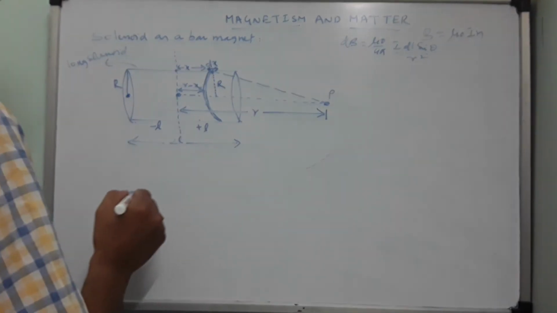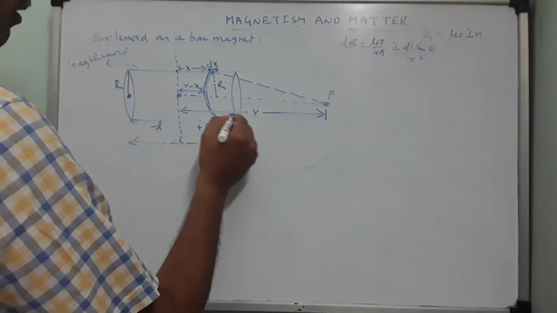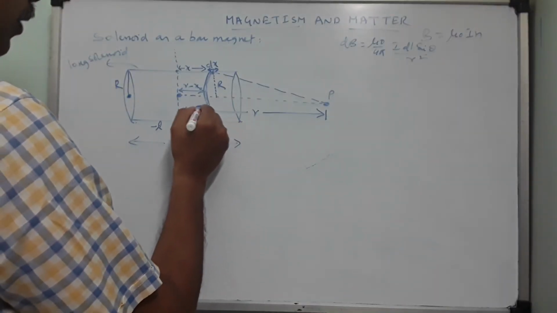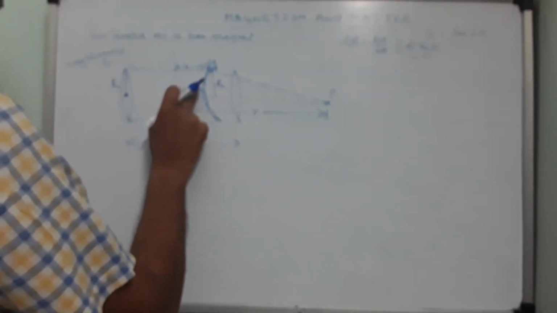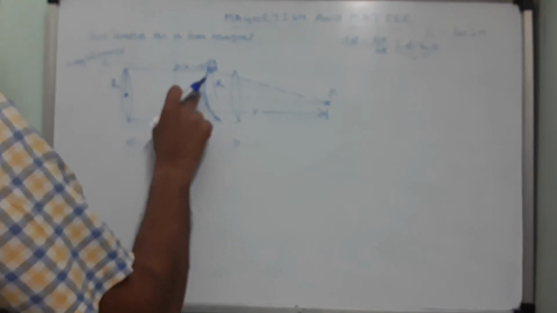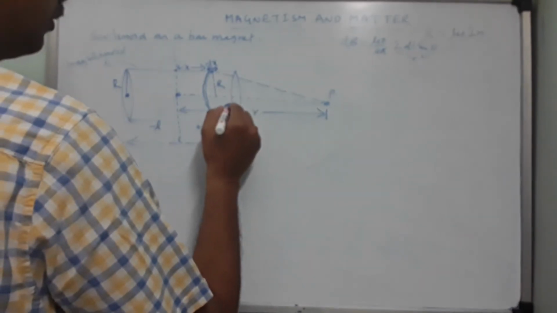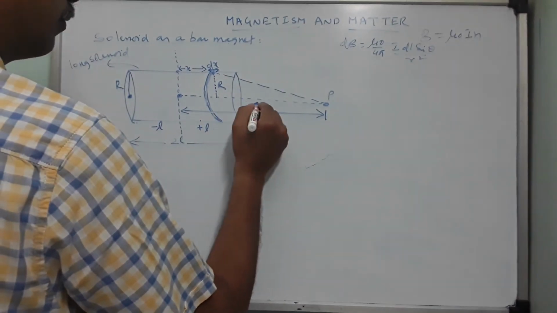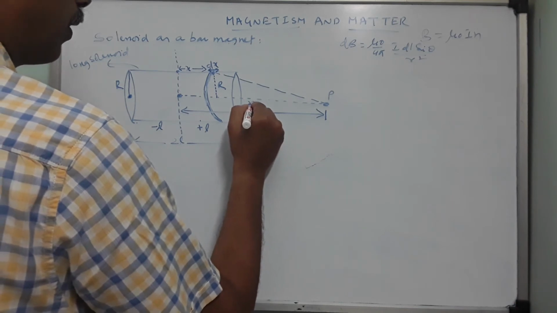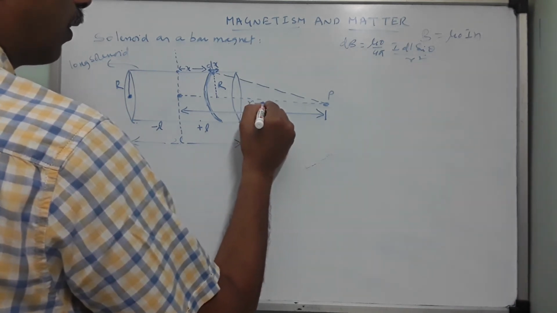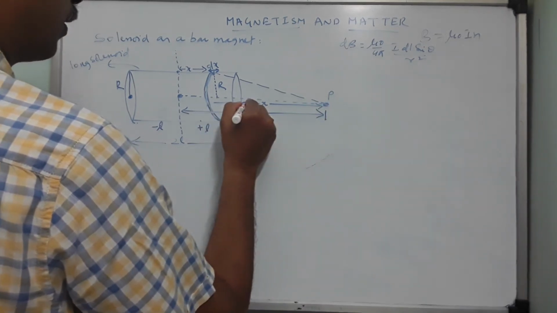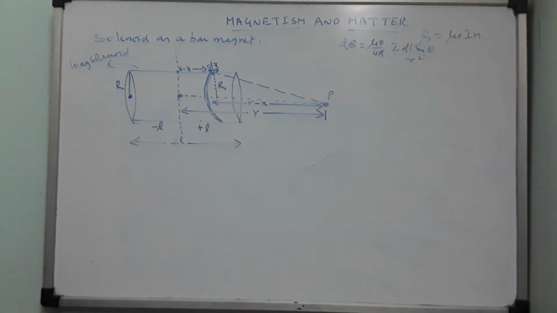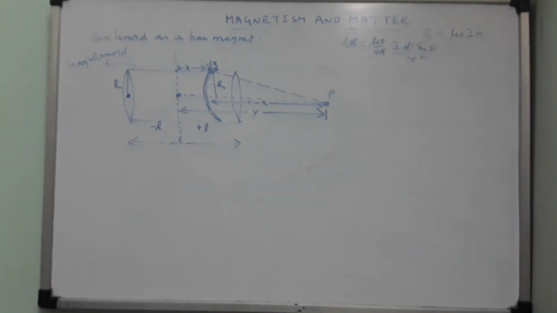Okay, right, the perpendicular distance. Now this is nothing but r minus x. This will be r minus x, children. Is it clear?